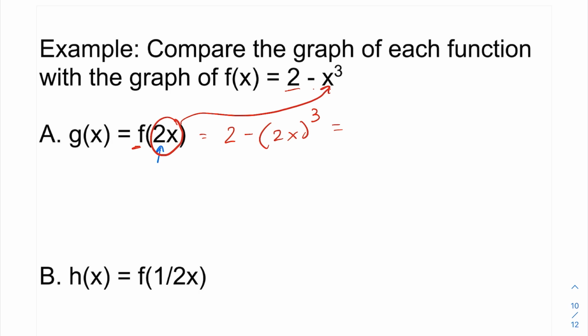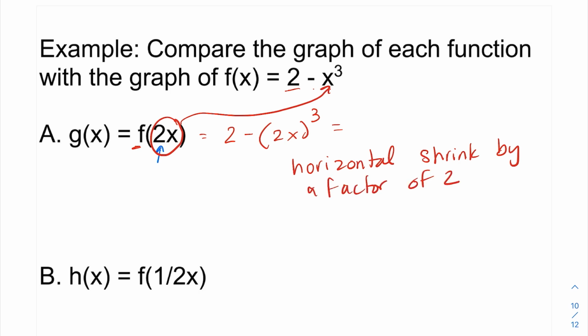Well, it's going to be a horizontal shrink by a factor of 2. So we're shrinking it because it's horizontal. It's happening in parentheses here. And so it's a shrink by a factor of 2.